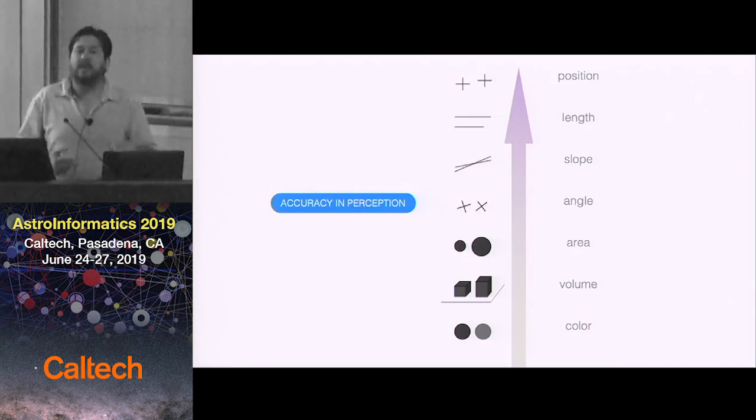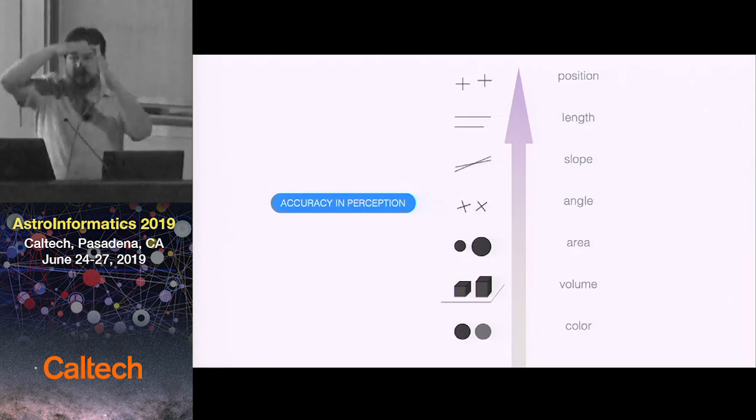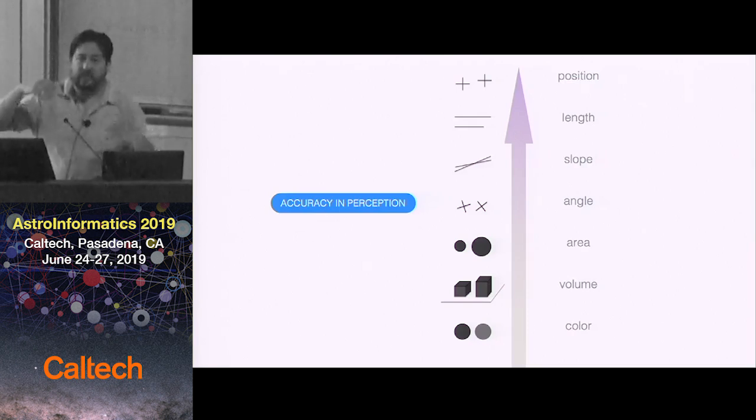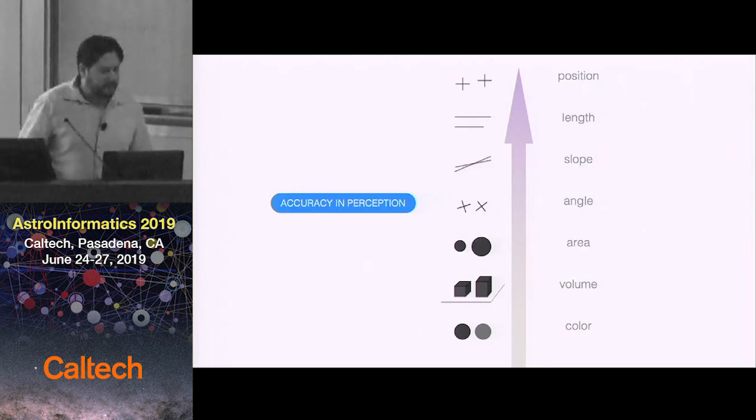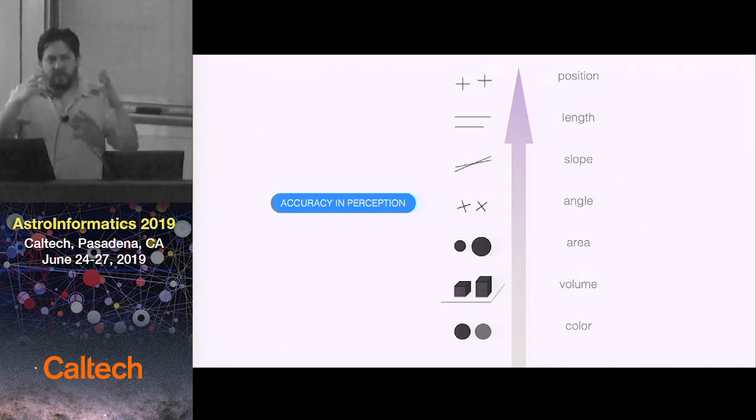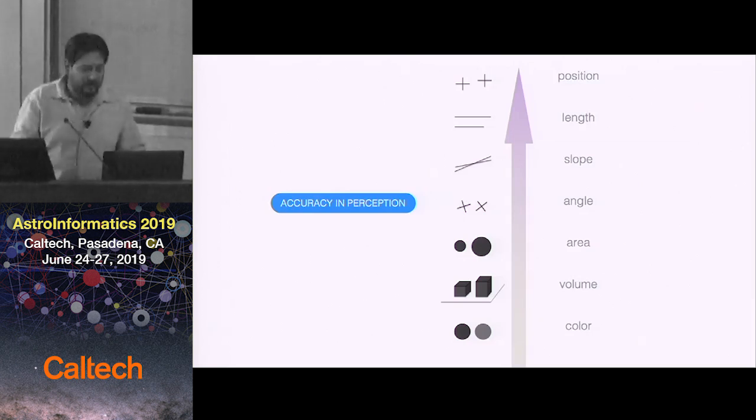And this is 2D, so we have the framework of pixels and the reference point of the screen itself. In VR, it would be different. We have line length. And with rotation, we're pretty good at telling when things have slightly different rotation. Now with shape and area, we start getting in trouble, right? Especially area, because for a circle, does it represent the diameter or the weight of the shape itself? It depends a little bit on how we're looking at it.